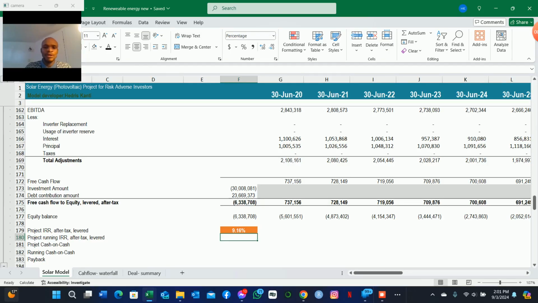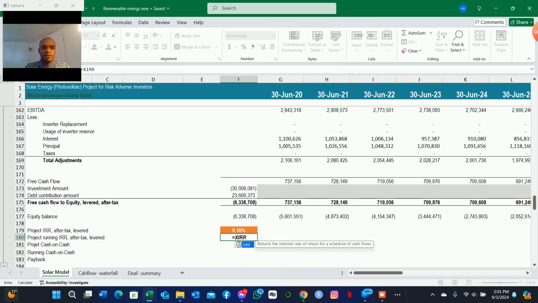So we're going to begin with XIRR, but this time around we will just reference the first cell, and we always want to reference the first cell with F4.